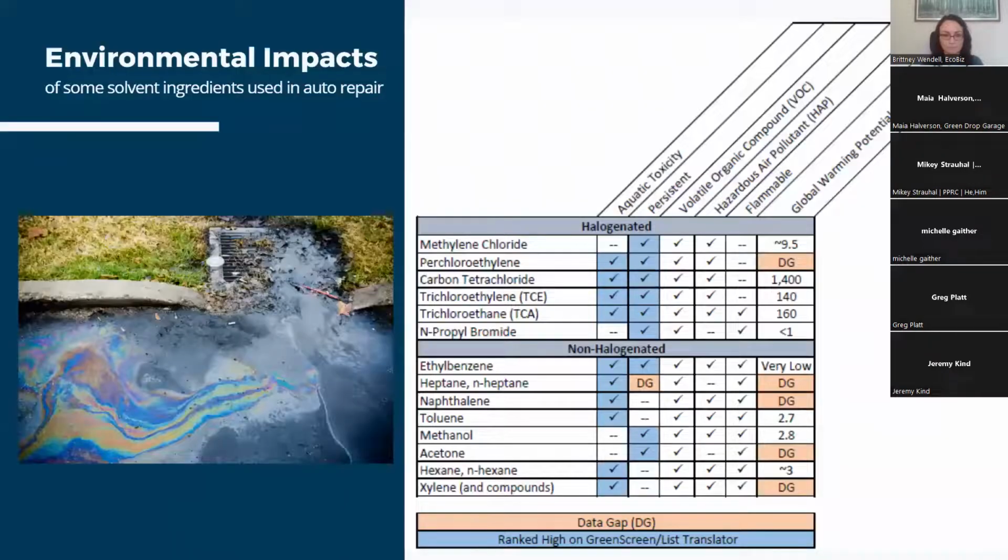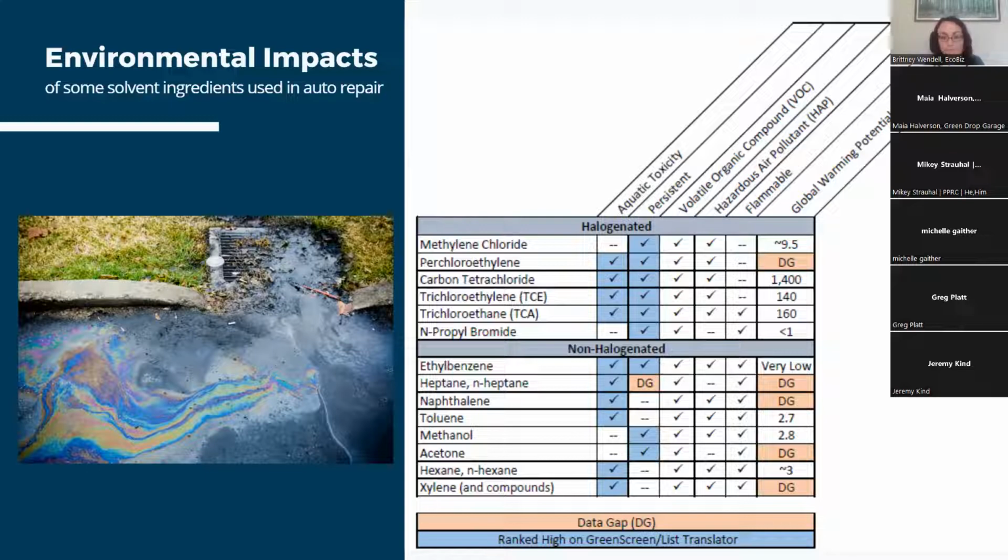Next slide, please. So here's a similar chart to what we saw for the human exposure. But these are more of the environmental endpoints, such as aquatic toxicity, persistence in the environment, the VOCs. And the VOCs were on the other chart because they're a human health hazard plus an environmental hazard. Hazardous air pollutants, which is a regulation. And I hope you guys are mostly familiar with that.